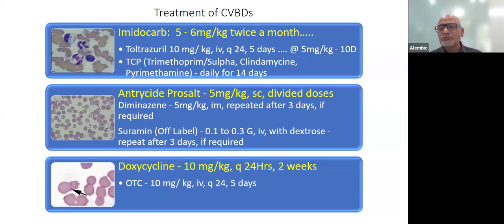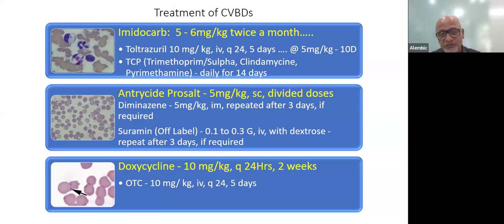Okay, so toltrazuril is recommended in some of the literature, and it can be given orally. Here they are recommending an intravenous formulation, 10 milligram per kg. But to be very frank with you guys, I don't know whether an intravenous formulation is available in India. To the best of my knowledge, it is not available. So you can think of using the formulation that is available for poultry.